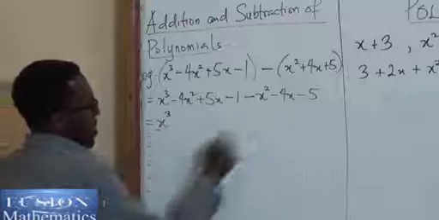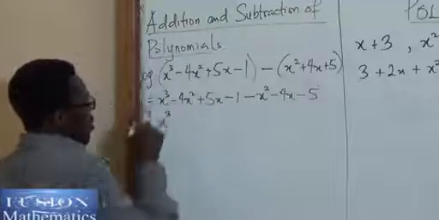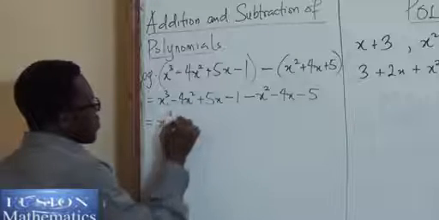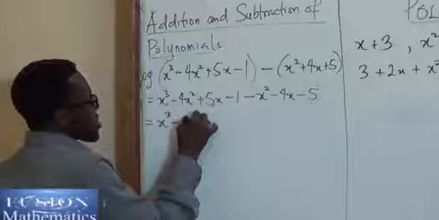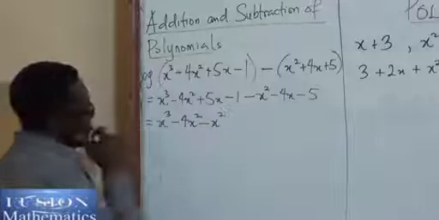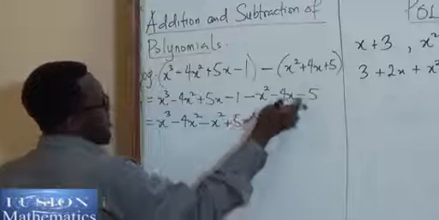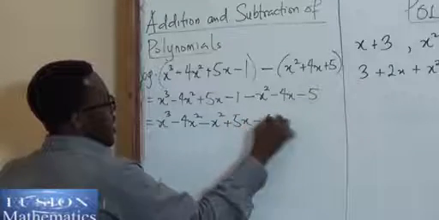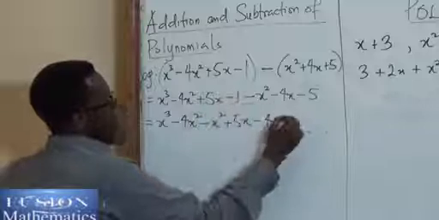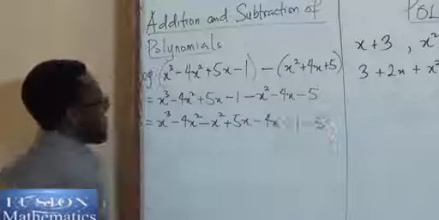X cubed has no other with the power of 3, so we go to the next power, which is the power of 2. So we have minus 4x squared, then this one, minus x squared. Then the next one, which is plus 5x minus 4x. Then the last one, which is a constant, minus 1 minus 5.